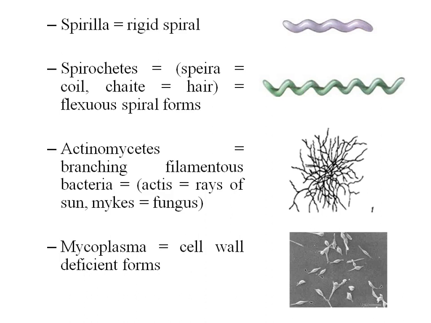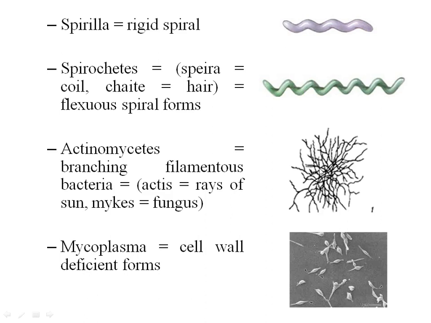Another shape of a bacteria is actinomycetes. This is a branching filamentous bacteria. The terminology is derived from two words: actis means array of cells. You can see, if you consider this is the center of this structure, all these filaments are arising from the center and they are radiating.